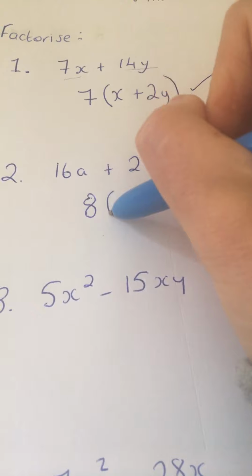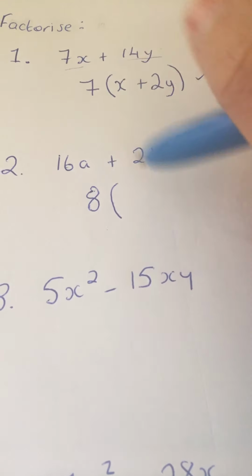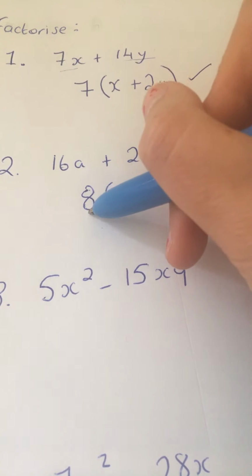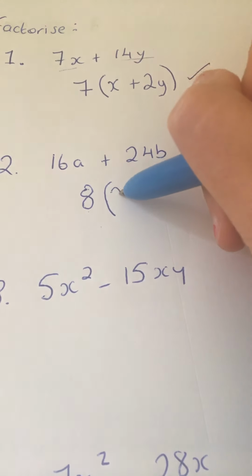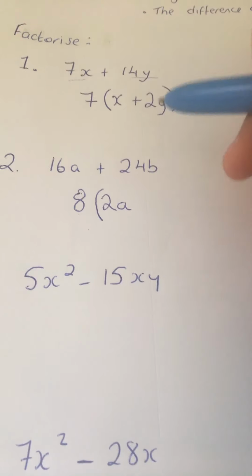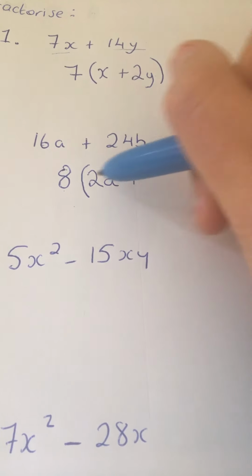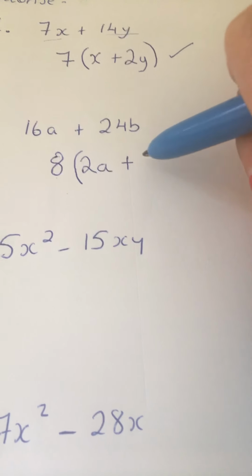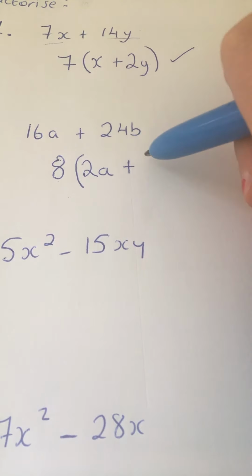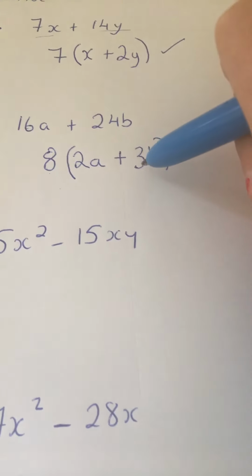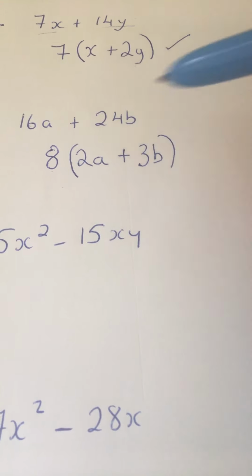So the highest common factor is outside the bracket. What's left inside? What would you multiply 8 by to get back 16? 8 multiplied by 2a would give you back 16a. And then 8 multiplied by what would give you back 24b? 8 multiplied by 3b would give you 24b.